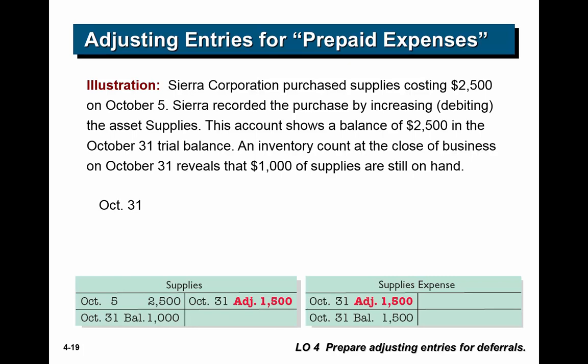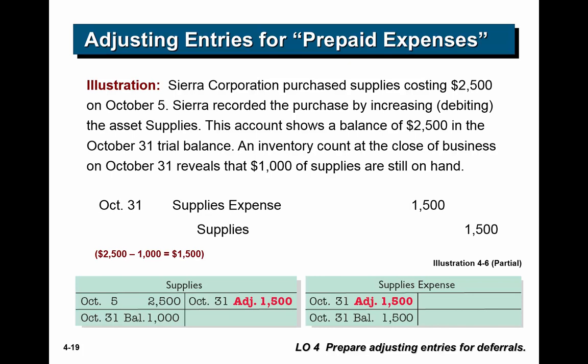That means they must have used up some of that asset during the period. So they enter an adjusting entry to decrease the amount of the asset, supplies, by $1,500 and to increase the amount of supplies expense. That accurately shows how many supplies they used during the period. So there's our journal entry.